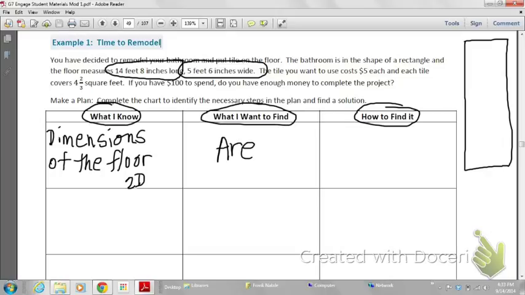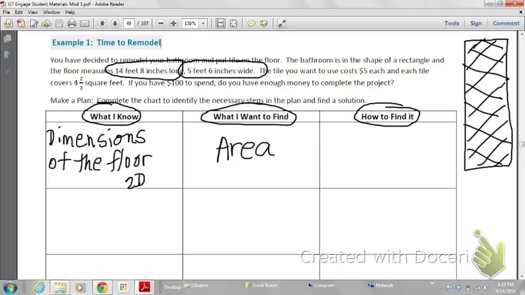Okay, so we want to find how much space is taken up by this area, this room. This is probably not a very good rectangle, but okay. So the how to find it, I want to see if you can go ahead and do that yourself.